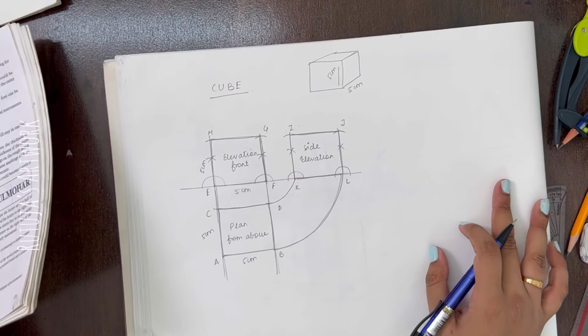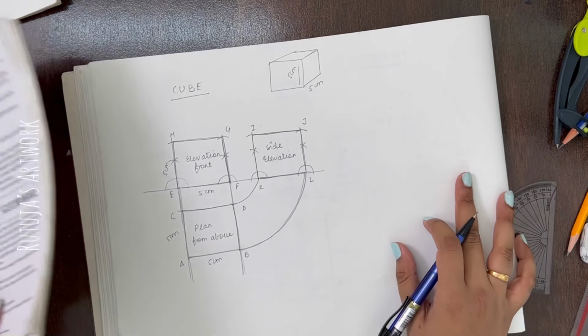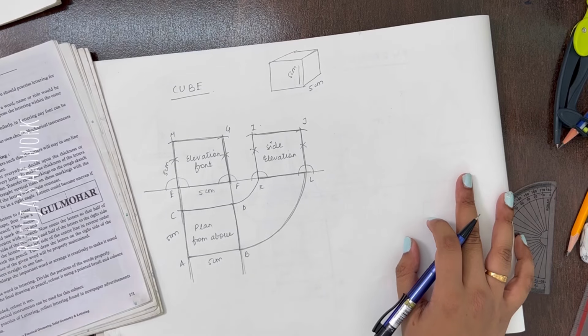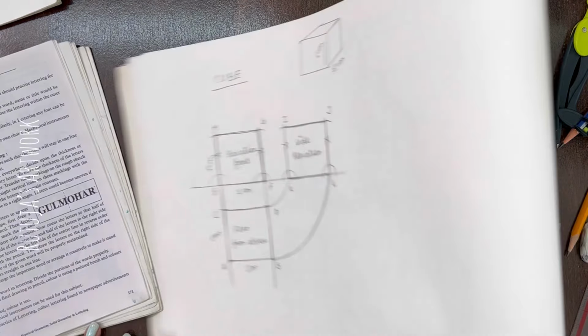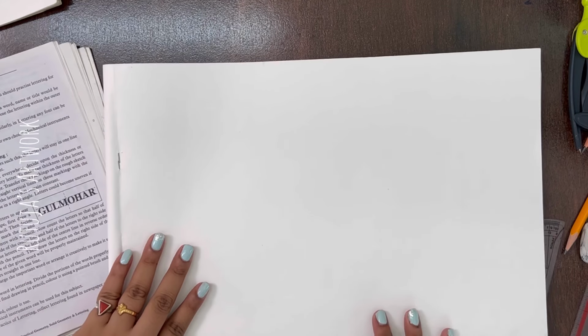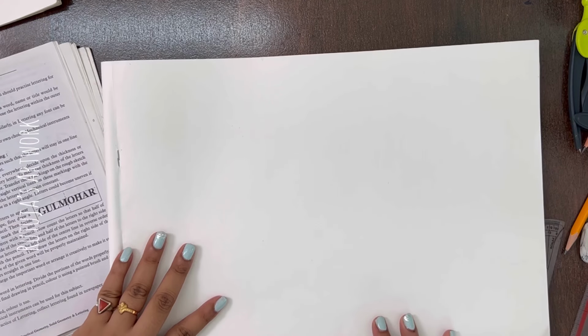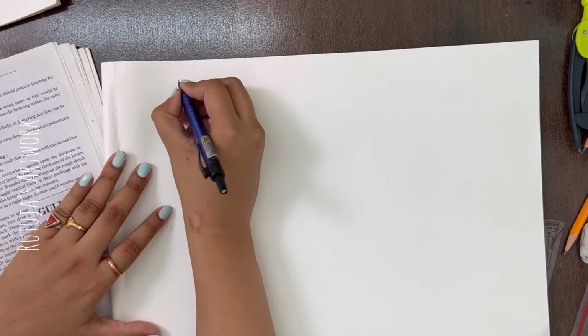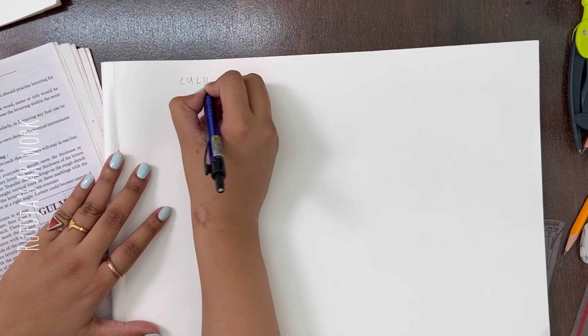Next one is the cylinder. I will show its construction because it's a little bit different. I will show cylinder and sphere after this. So let's see cylinder first.